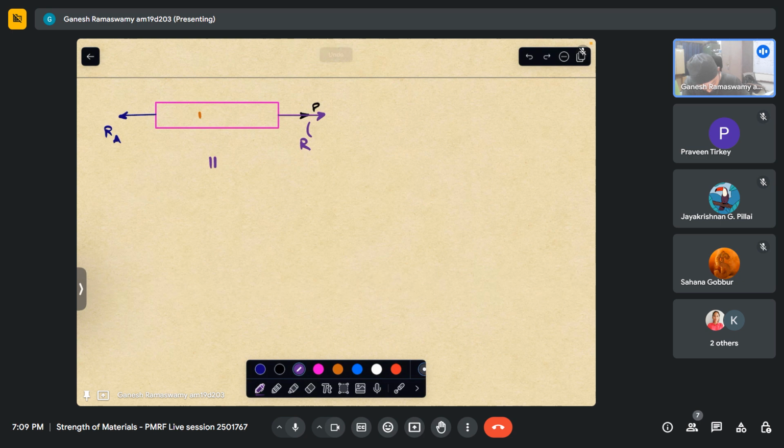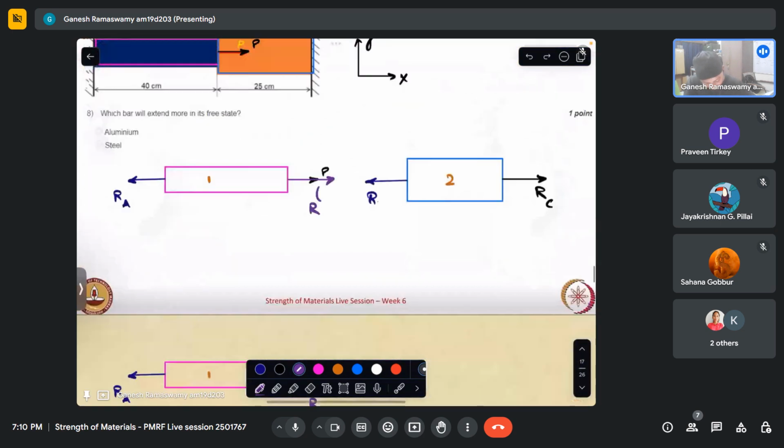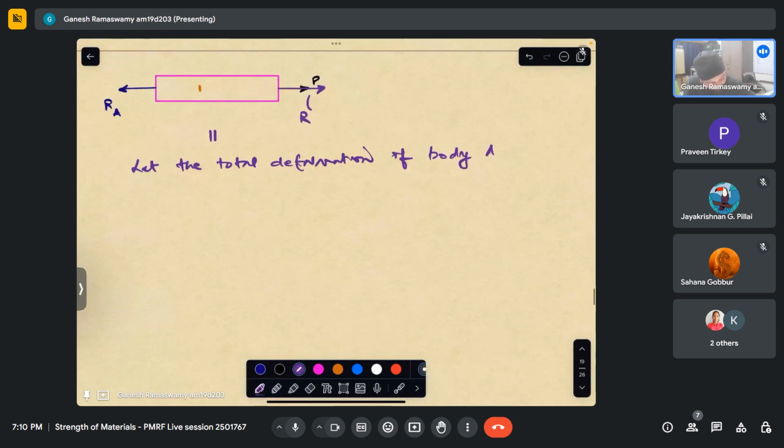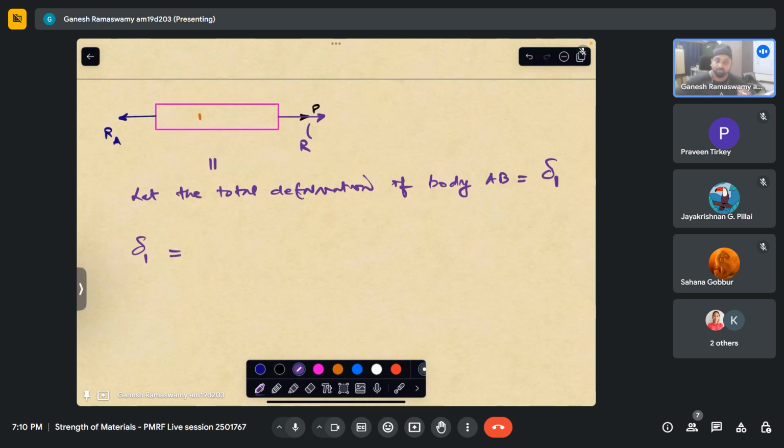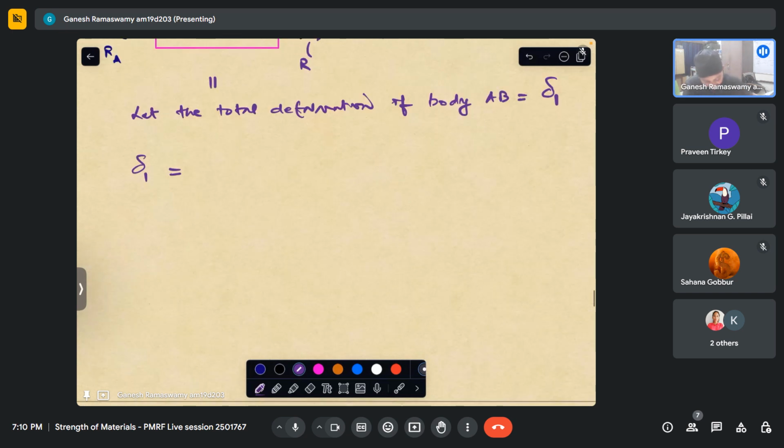Let the deformation of body 1, this is AB, the total deformation be delta 1. So delta 1 has a component because of the pull which is applied, which is nothing but Ra into L_AB upon A_AB into E_AB.